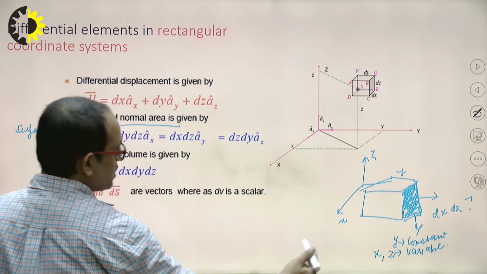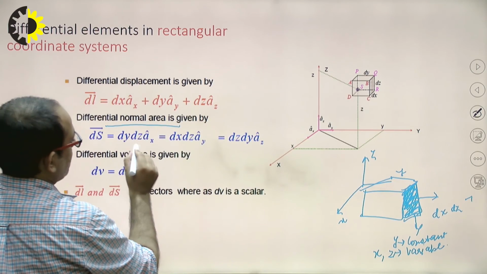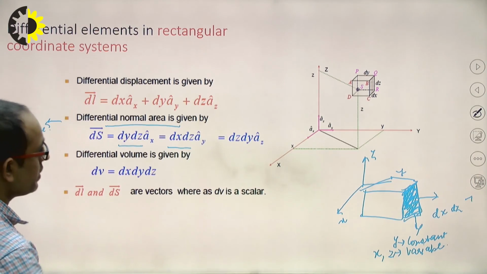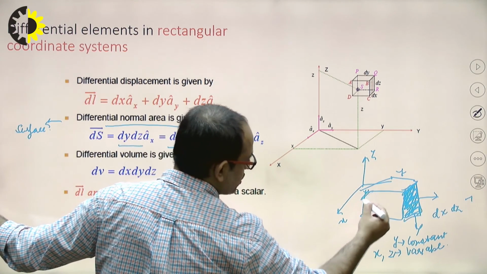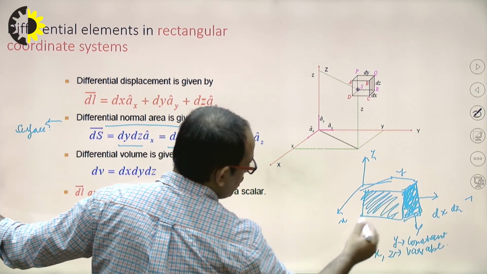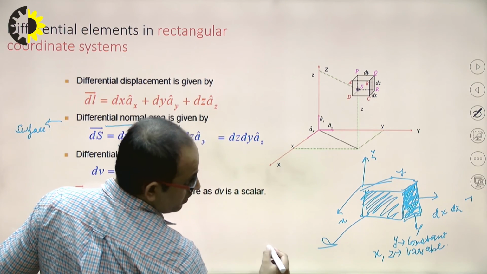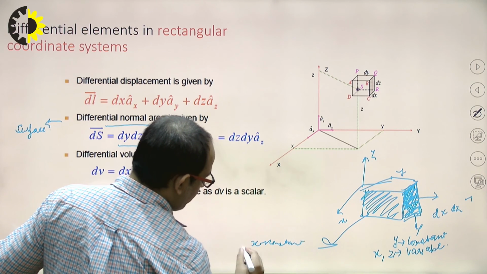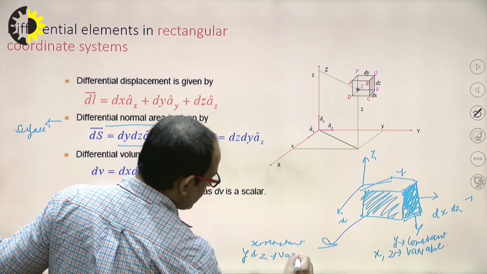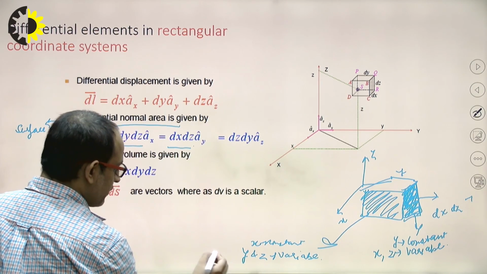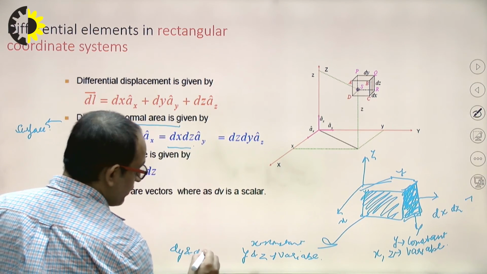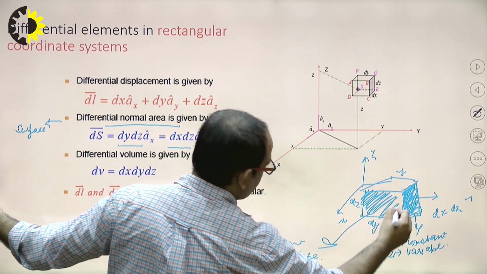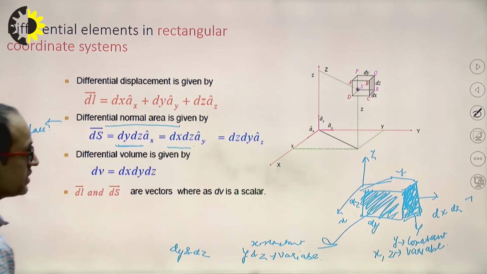So ds of this area will be dx dz a_y. For the next surface, x is constant and y and z are the variables, which means their differential lengths will be dy and dz. This is dy and this is dz. So the area of this one will be dy dz a_x.